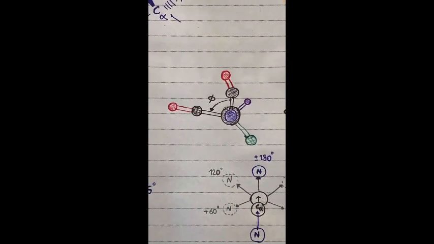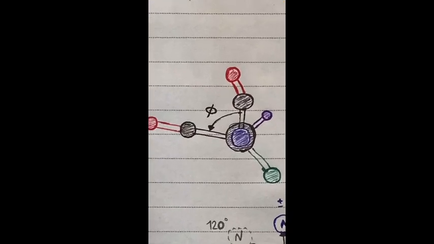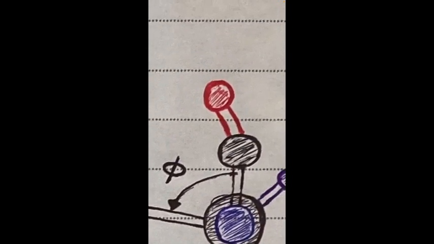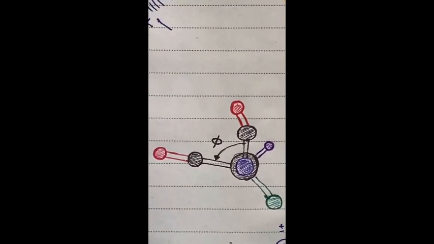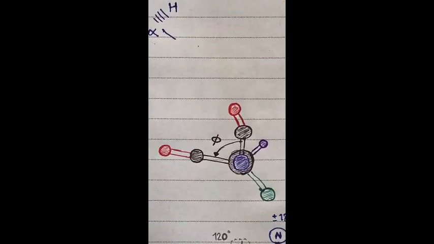So this blue circle is you, and you're watching the black circle in front of you, which is carbon number 2, and the rest are the bonding groups that are attached to either the nitrogen or the carbon you're looking at. The angle between these two carbonyl groups is called the phi angle. We can also say it is the angle between carbon, nitrogen, alpha carbon and carbon.